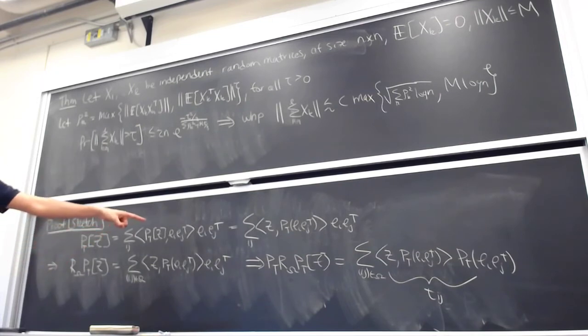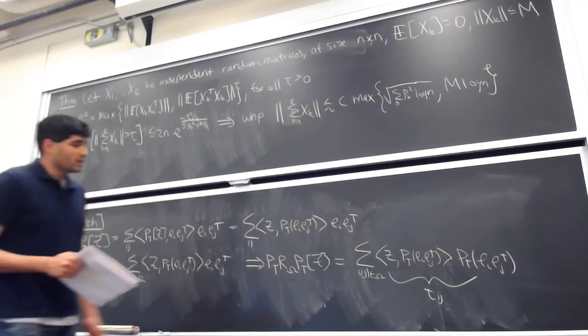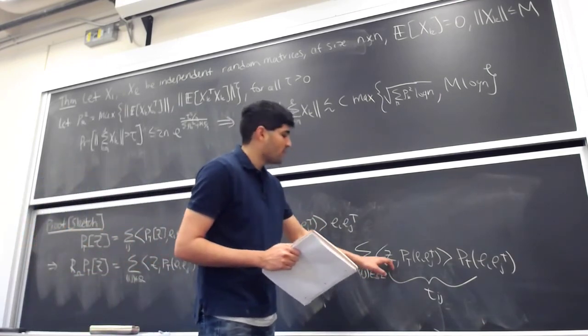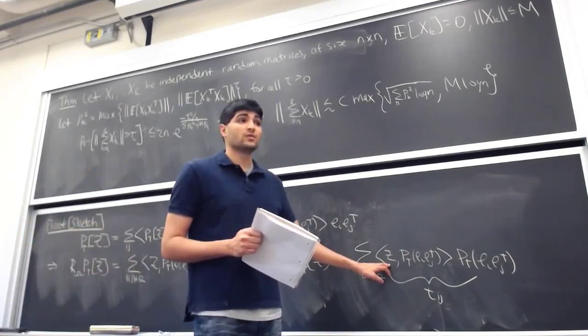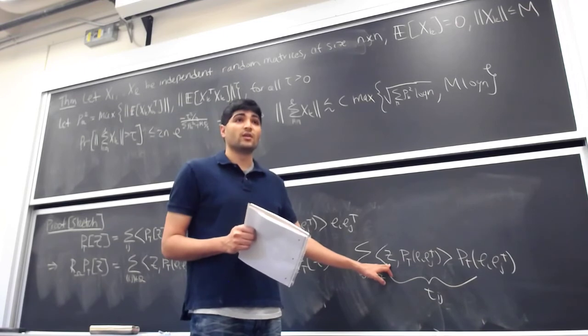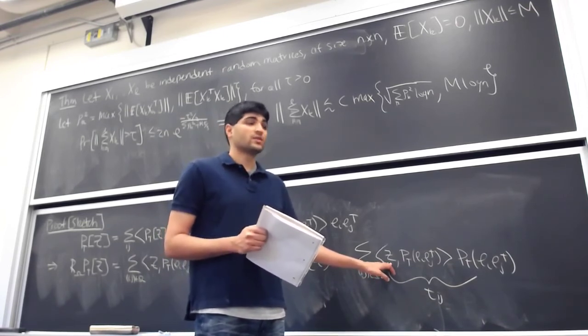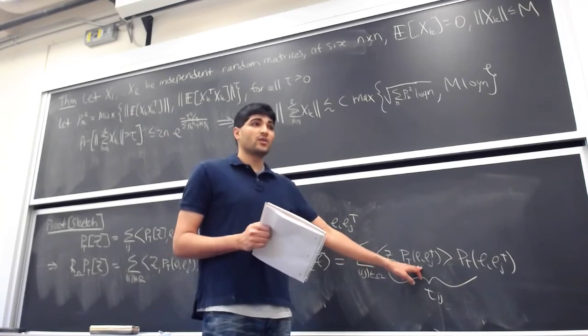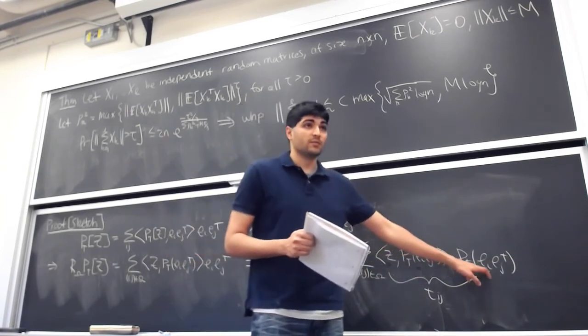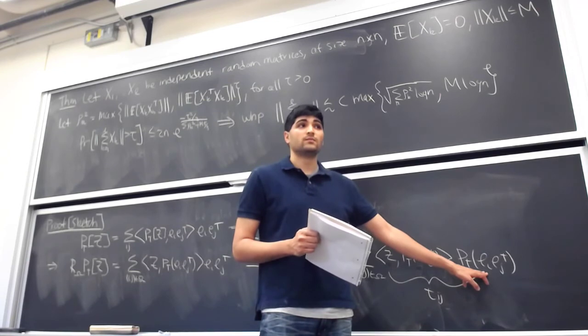And what I have is that my operator is the sum of independent operators. But you can really think about these operators as really just operating on vectors. If you vectorize the entire thing, Z is some vectorized matrix, and it's taking its inner product with this vector times this vector.